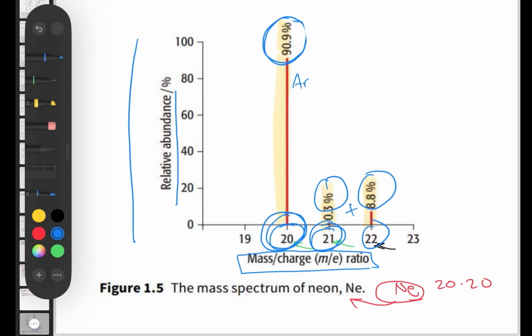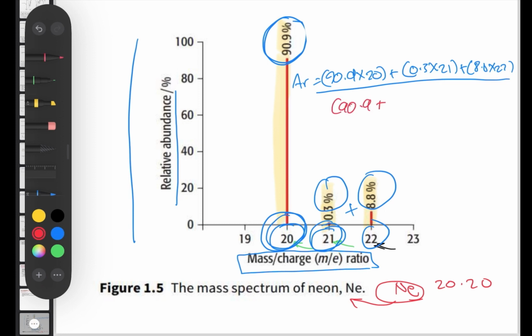We can say that the Ar is equal to 90.9% times 20 plus 0.3% times 21 plus 8.8% times 22, over the summation of these percentages, which is 90.9 plus 0.3 plus 8.8. Then you can calculate that the Ar equals 20.2.